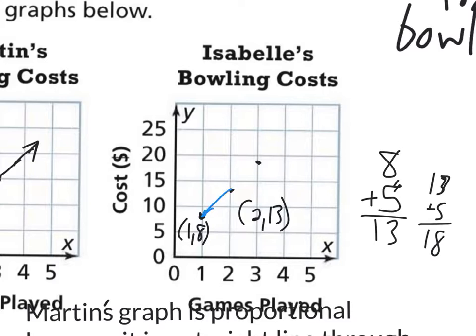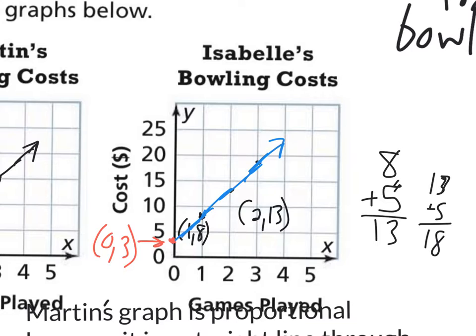And then what we're going to do is we're actually going to get a straight line through these points. The problem is that it doesn't go through the point 0, 0. So the starting point on this graph actually is the point 0, 3. And you might think, well, that doesn't make sense. 0 games and it costs $3?